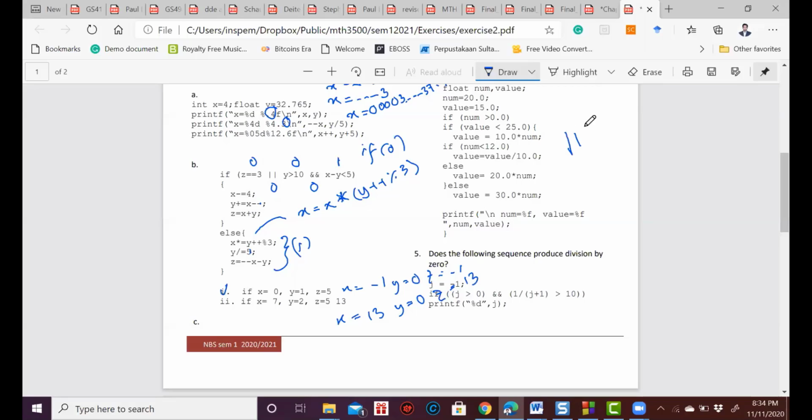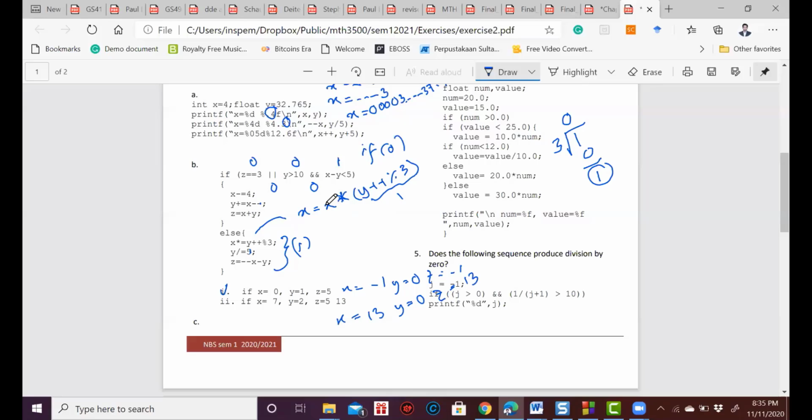1 divided by 3. 3 times what becomes 1? 3 times 0 is 0. 1 minus 0 is 1. This one is the remainder. The answer for this one is 1. So x star this one 1, the answer is 1.